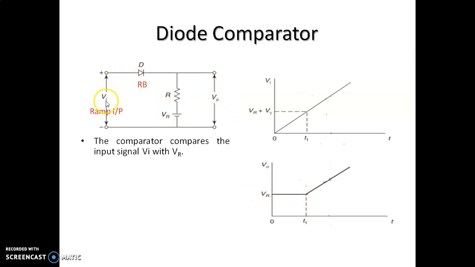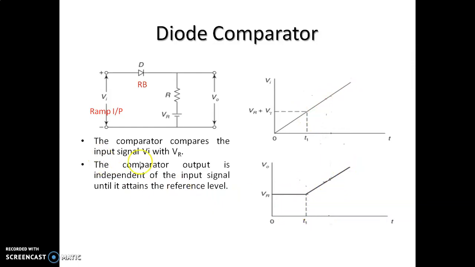When the input signal is greater than the reference level and the cut-in voltage of the diode, where V gamma is the cut-in voltage of the diode, that is when Vin is greater than VR plus V gamma, then this diode is forward biased and the input gets connected to the output, and hence the output follows the input after the reference point.